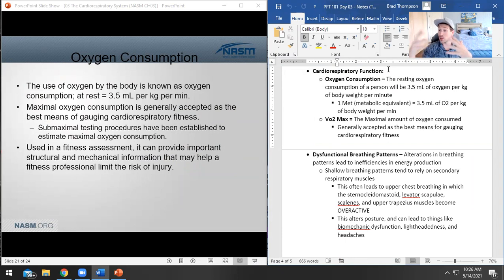So that means you consumed it. The more you can consume, the better shape you are in, because that means you have more red blood cells, more hemoglobin, and more muscle that is eating all of that oxygen, right? So we want our VO2 max score to be as high as possible.